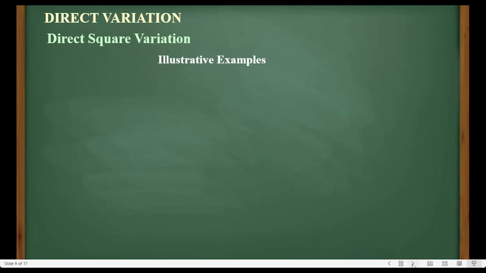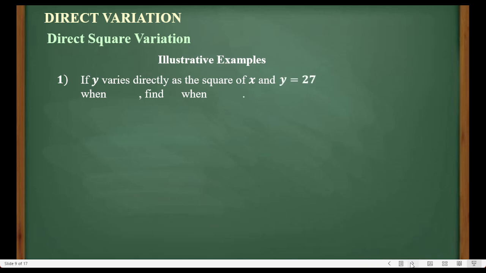Okay, let us take some examples. Suppose y varies directly as the square of x and y is 27 when x is equal to 3, what would be the value of y when the final value of x is 7?